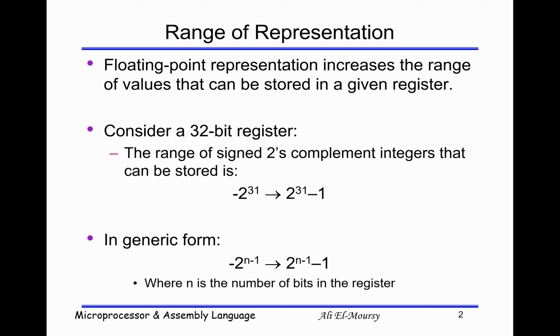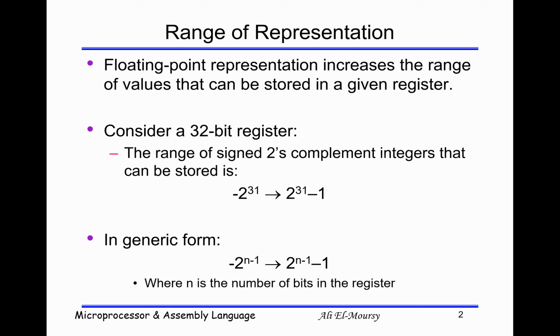The total number of combinations follows the rules of DLD. If I have n bits, I have a total of 2 to the power n combinations.